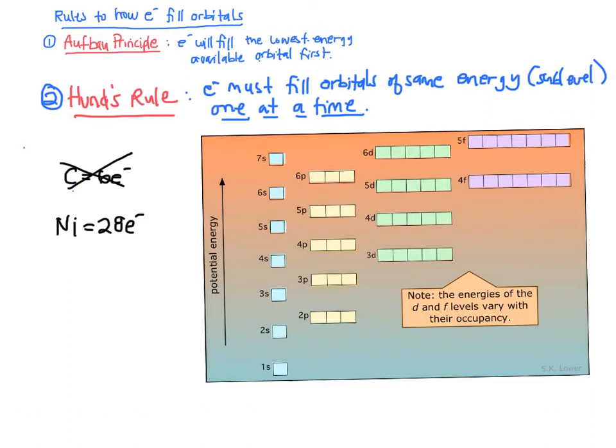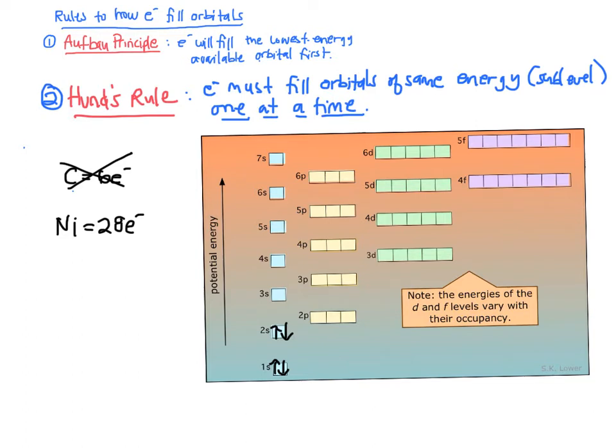So let's look at what something like nickel would do. Remember that if a sublevel has more than one orbital in it, those orbitals have the same amount of energy, and so electrons will fill them one at a time. So let's count it out. Nickel has 28 electrons. We know that 2 of those electrons will go in the 1s orbital, and then next the 2s. So that's 4 electrons so far.